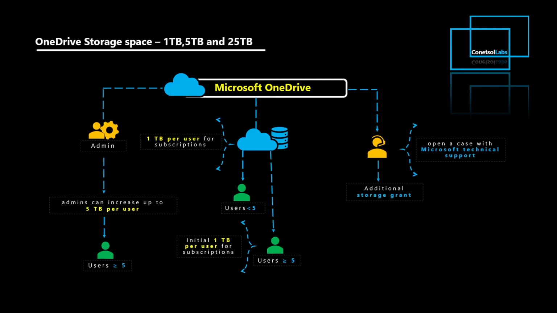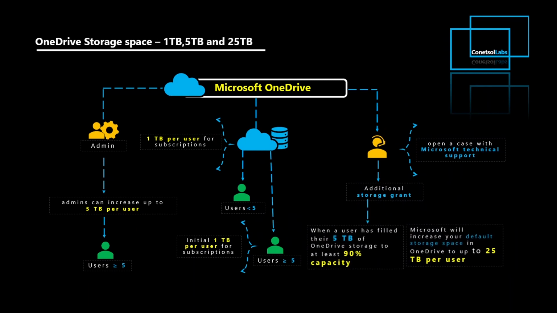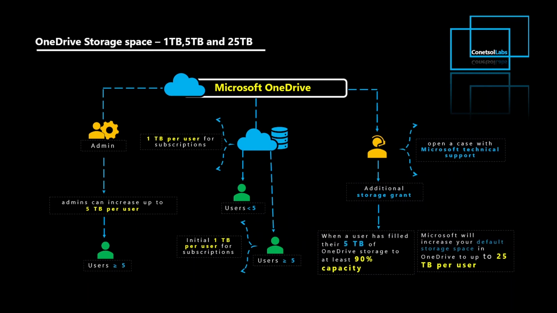Additional storage space will be granted as follows. When a user has filled their 5 terabytes of OneDrive storage to at least 90% of capacity, Microsoft will increase your default storage space in OneDrive up to 25 terabytes per user, which is more than enough.